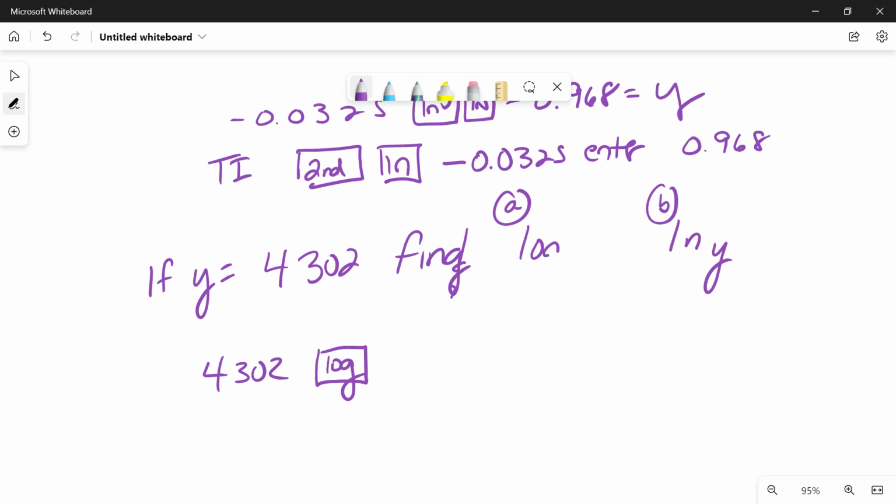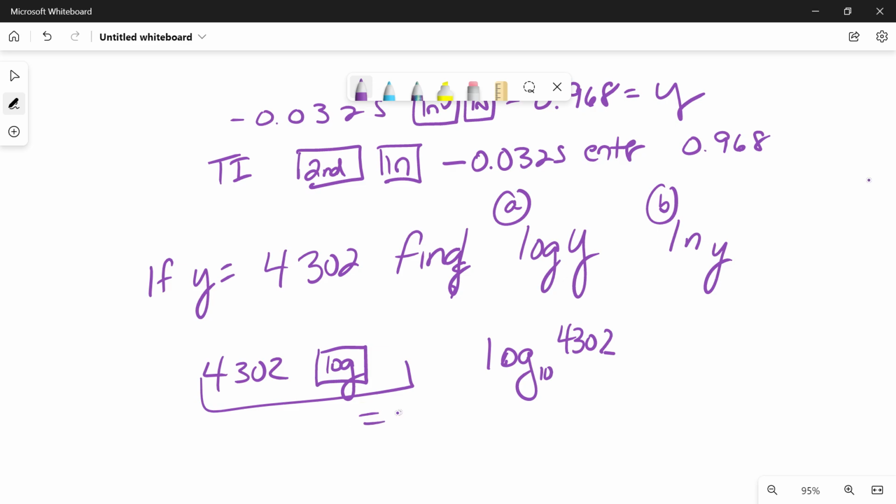I'm just finding the log of y. That got a little confusing. So find the log of y if y equals 4,302. This is basically log base 10 of 4,302, so this is what I'm going to enter into my calculator, and I hit the log key. When I do this, I'm going to get 3.63. What that's telling us is that 10 raised to the 3.63 equals 4,302.